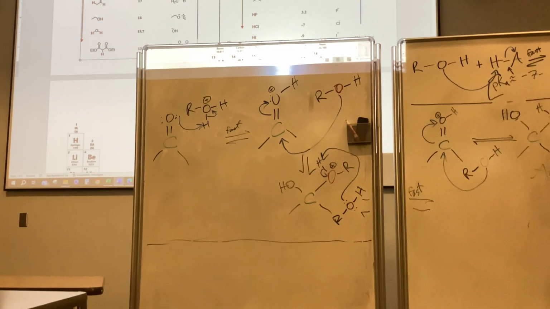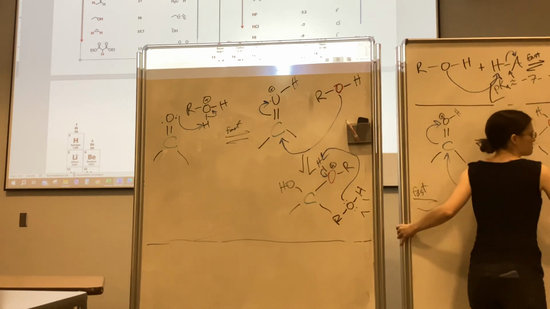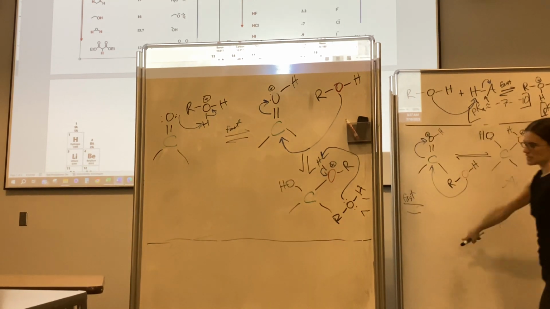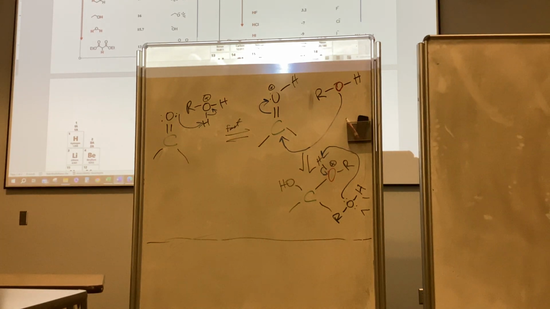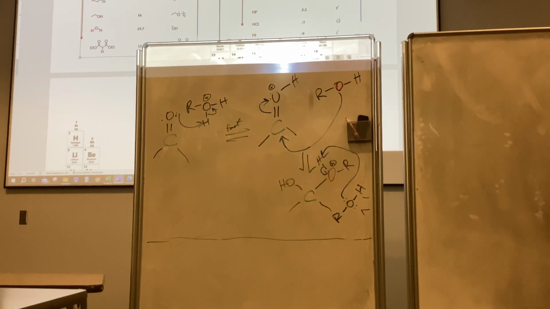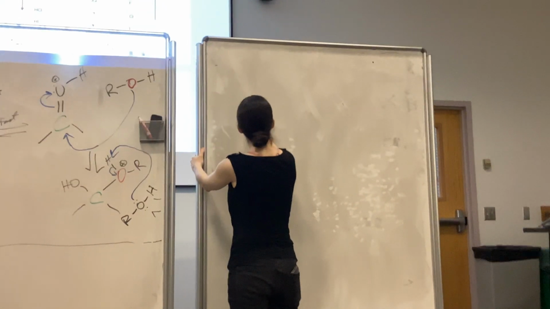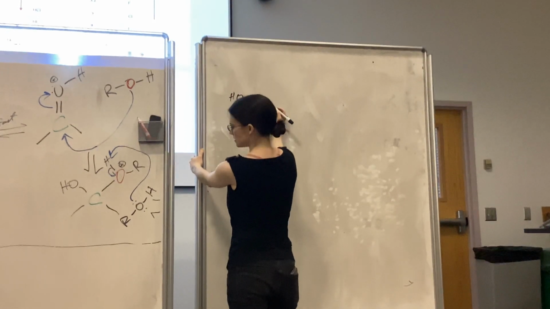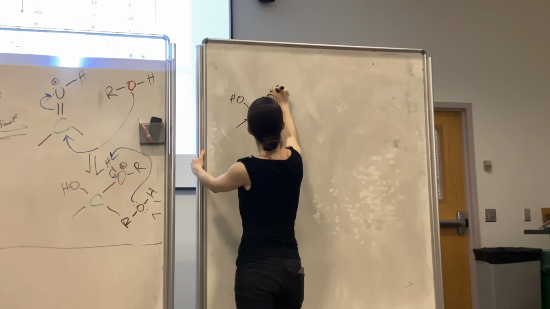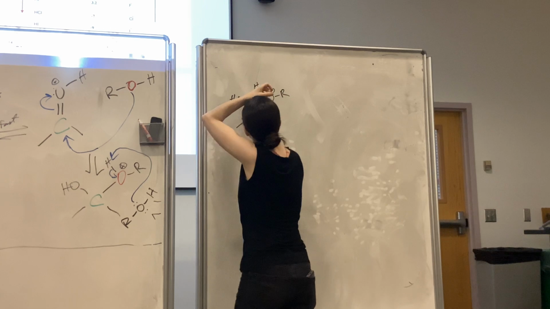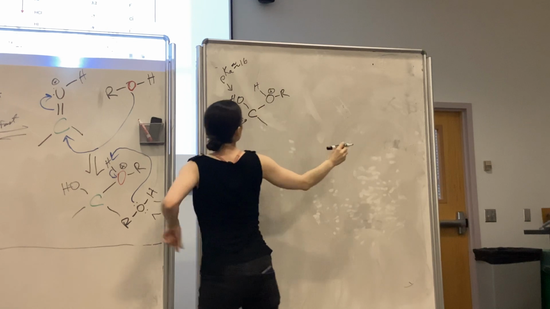So let's draw this out. I'm gonna push this back so the camera can grab it, and we're gonna do it down here. Oh no, wait. The ugly side. Okay, we can do this. If we've got this, the pKa is 16-ish.